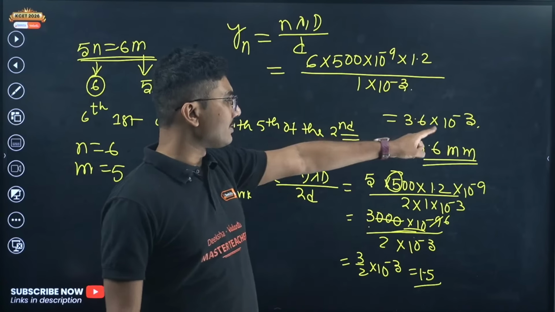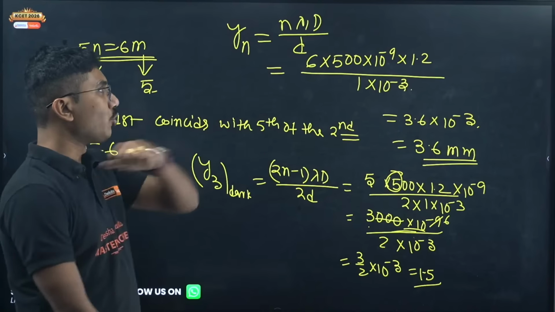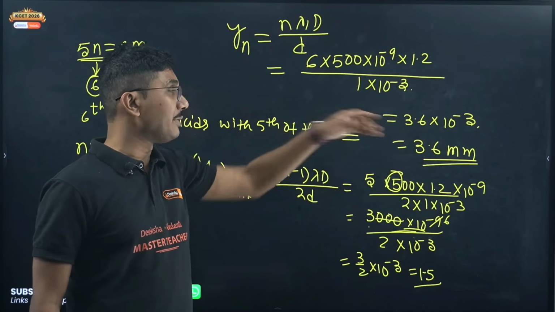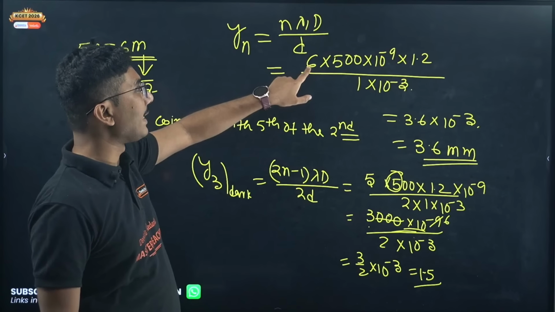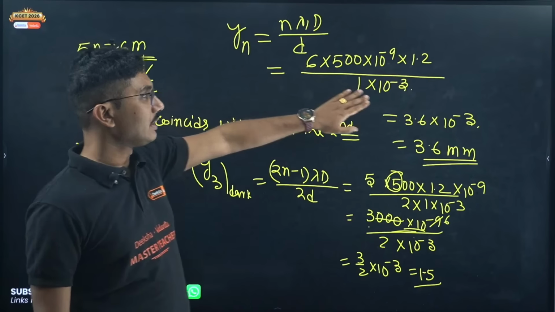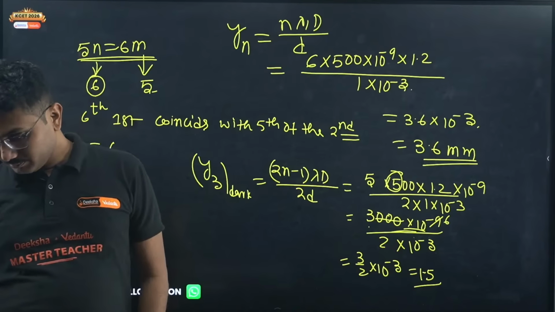No matter which one you choose, you will always get this answer. You got 3 millimeter means you made a mistake, you multiplied by 5 or you made a mistake. So in that case, maximum 2 marks you will get.